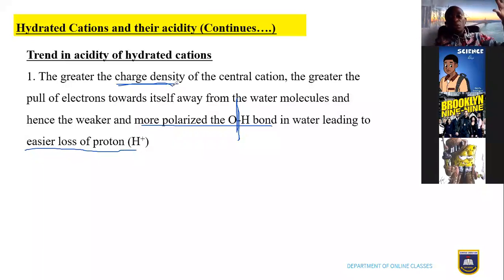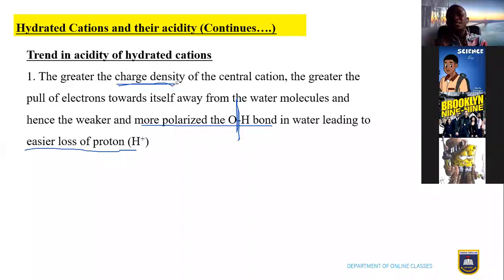In the case of hydrated cations, the central atom, like M, has water molecules surrounding it, coordinating it.